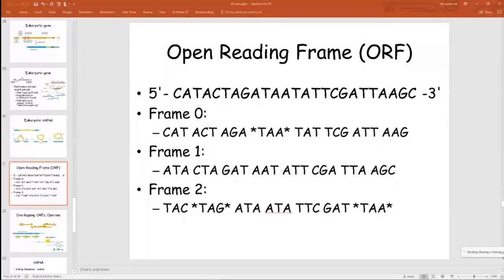Thank you. So some of these triplets of codons have stars on them. Any ideas why I've marked them specially? Yeah, so these are stop codons.